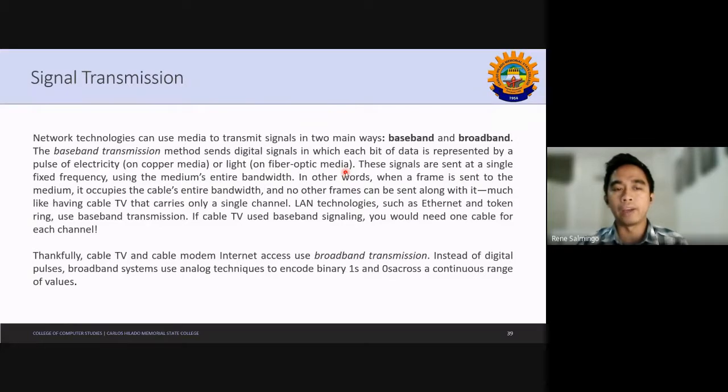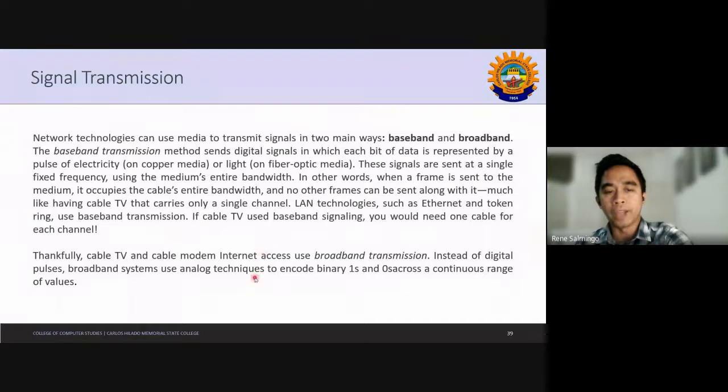It's like having a cable TV that carries only a single channel, and LAN technologies such as Ethernet and token ring use baseband transmission. If cable TV used baseband signaling, you would need one cable for each channel.